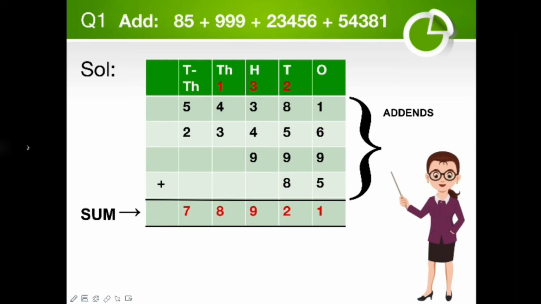When we arrange them in column method, first of all, we will write the biggest number 54,381, then 23,456, 999 and 85. After adding these numbers, we get 78,921 as the answer. Children, we must always remember that the numbers we add are called addends and the answer we get is called sum.